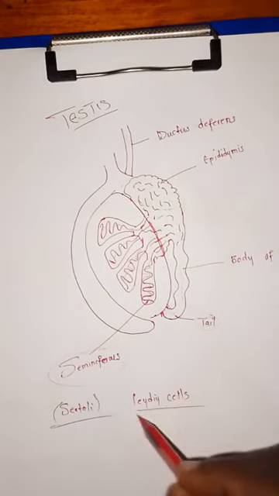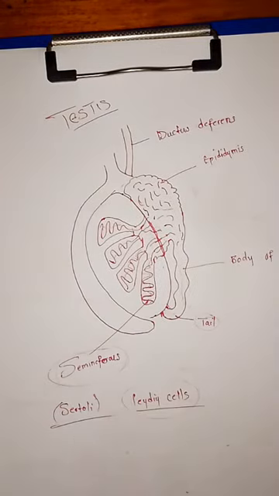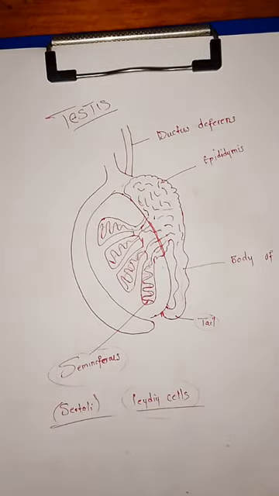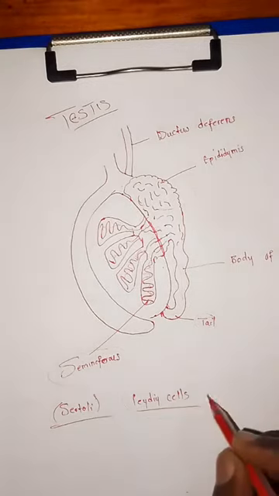These Leydig cells act on the Sertoli cells, stimulating them so that the Sertoli cells can bring about their function to support spermatogenesis. So the Leydig cells stimulate spermatogenesis by acting on the Sertoli cells. That's one of their functions.